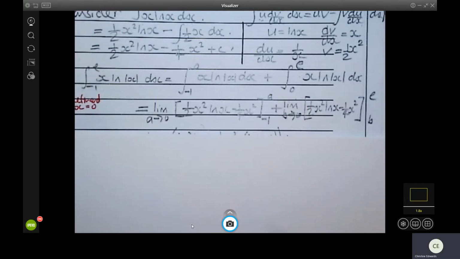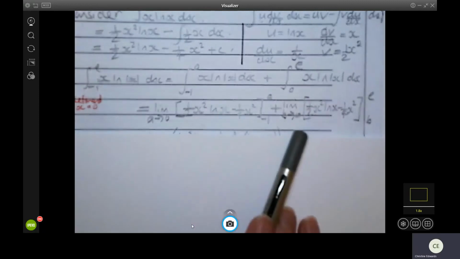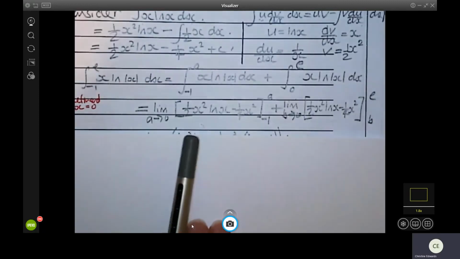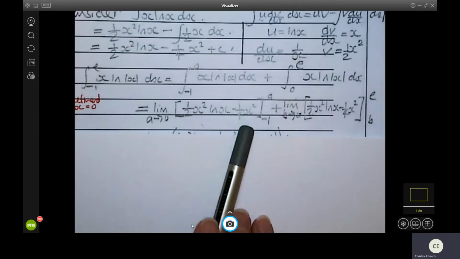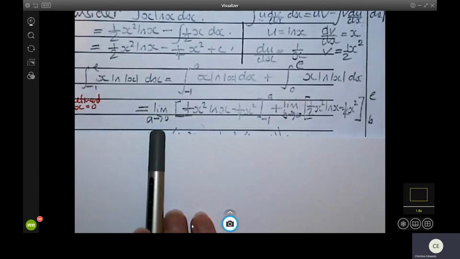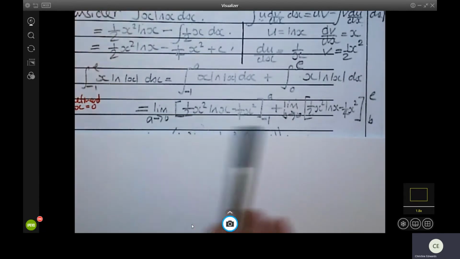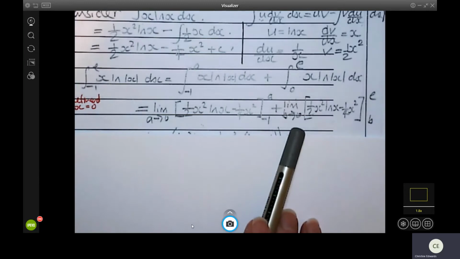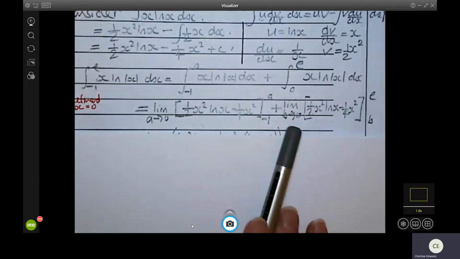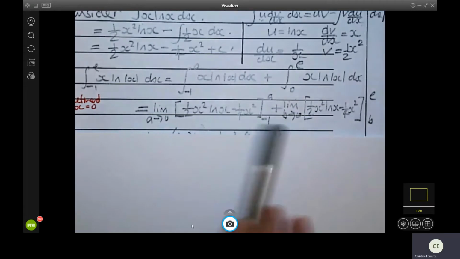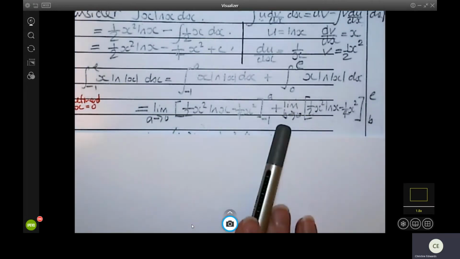So I now have to evaluate 2 limits. First one here, I'm using the letter a, so that's between -1 and a, and I'm going to let a tend to 0. And the second one, I'm using the letter b, so that's from b up to e, and I'm using b tending to 0. I must have 2 different letters in this situation so that I'm evaluating the limits clearly.